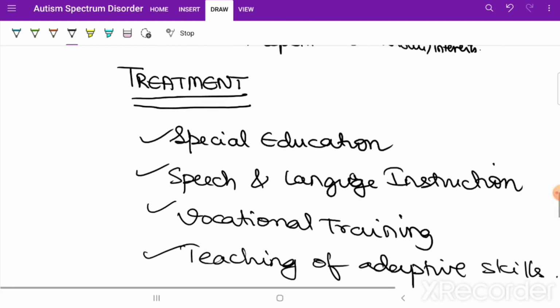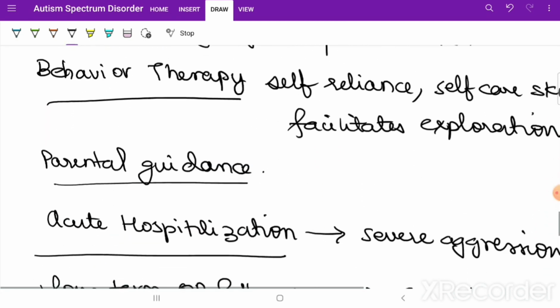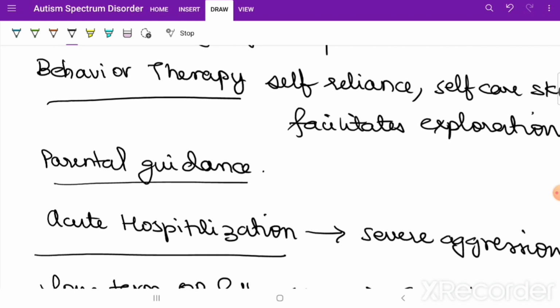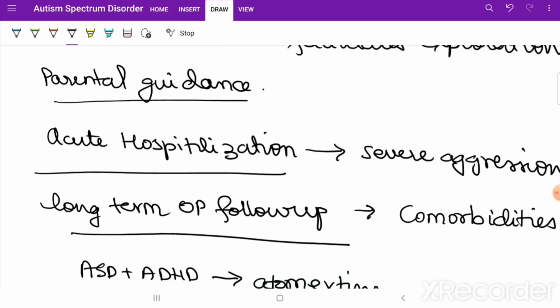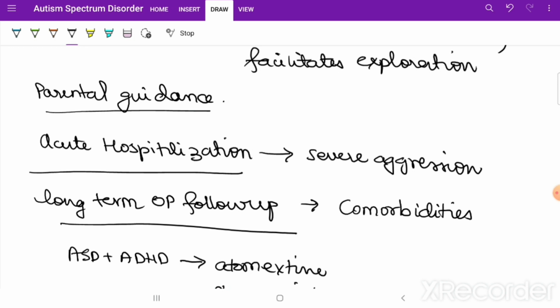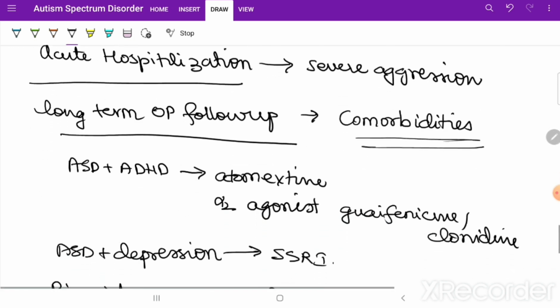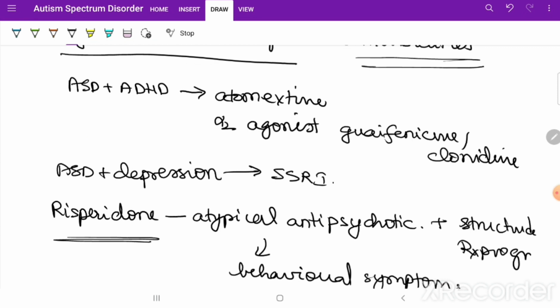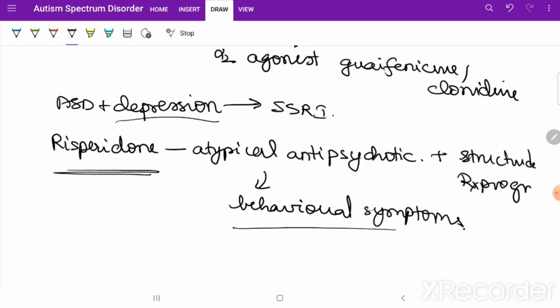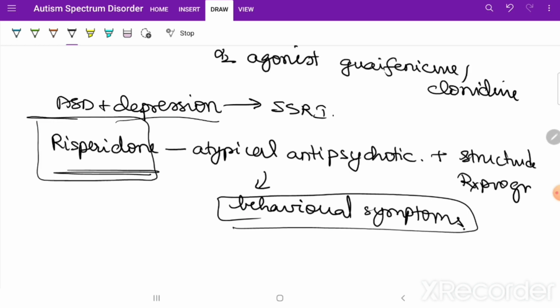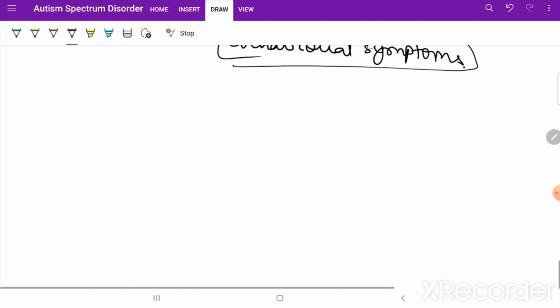In treatment, we discussed the four-pronged treatment, behavioral therapy, the importance of parental guidance, when to do acute hospitalization in a case of ASD, and long-term outpatient follow-up for comorbidities. We also covered ASD plus ADHD and ASD plus depression, and for management of behavioral symptoms, reducing excessive activity levels and enhancing the effect of behavioral therapy, you can add risperidone to the treatment.